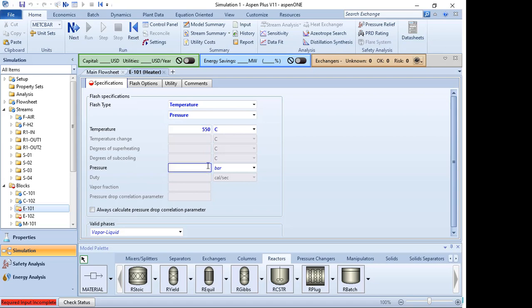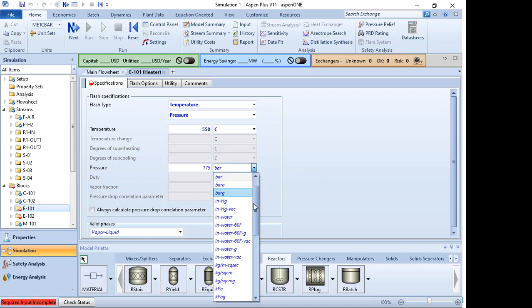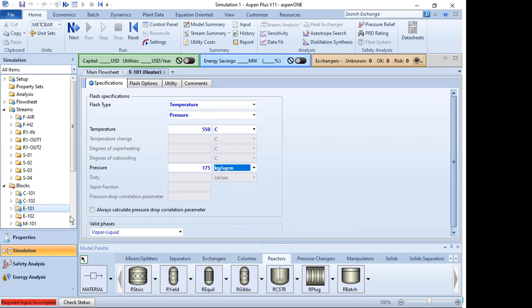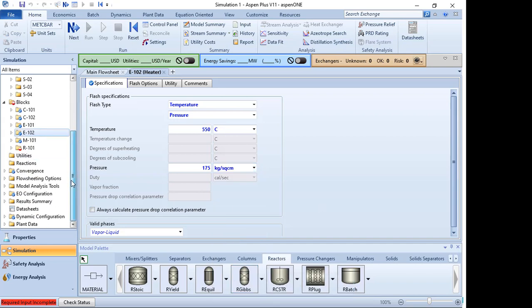Pressure is maintained at 175 kilogram per square centimeter. Heat exchanger 2 is also the same, 550 with the pressure of 175 kilogram per centimeter square. Done.